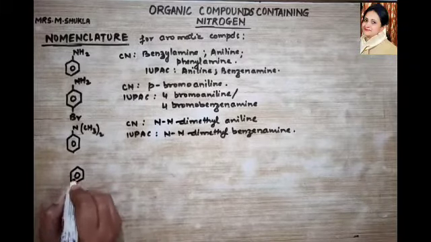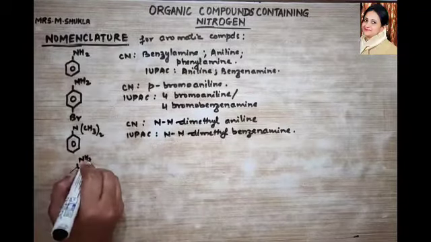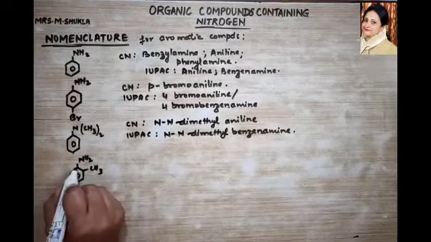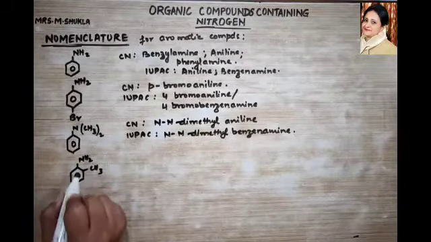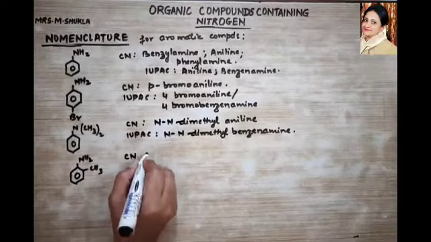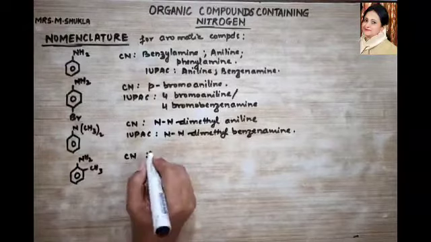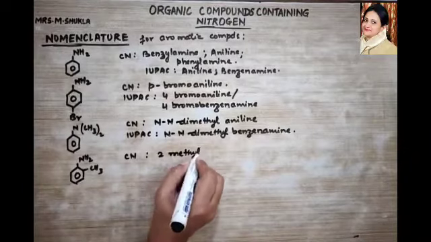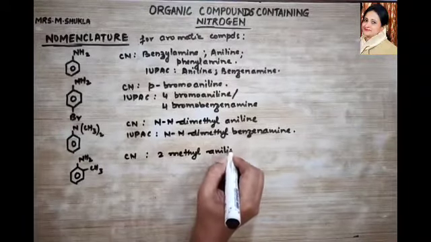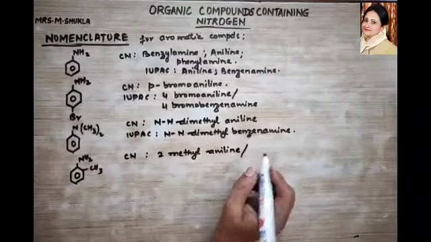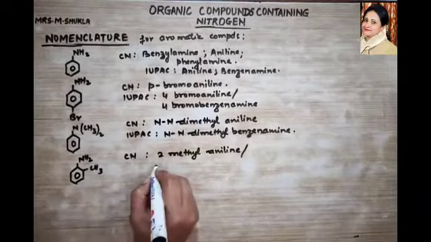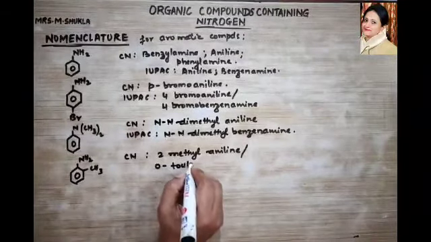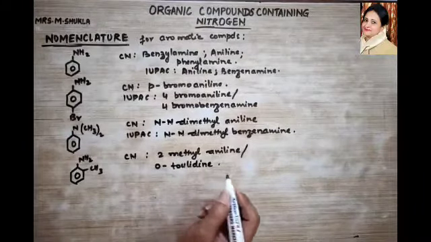Okay, then look at another example. If we take this structure, this could be NH2, this is CH3. What is the position of NH2? First place, and this is the second place. So how do we write down the common name to it? At second place you have the methyl group, so 2-methylaniline could be its name, or it could also be written as o-toluidine.